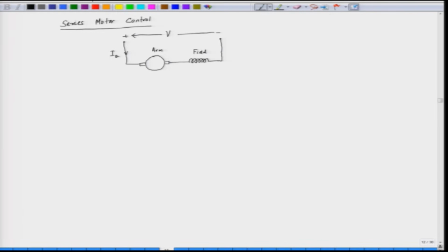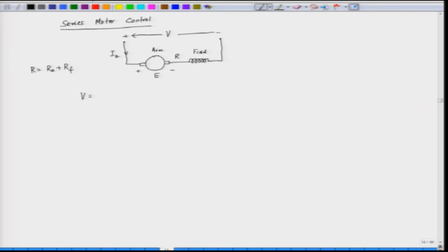Now, let us say the combined resistance is R. R is equal to the armature resistance plus the field resistance. So, the combined resistance of the circuit is R here, and the back EMF which appears across the armature is, let us say, E. Now, when we do this series motor control, we can write down the equation for the series motor.